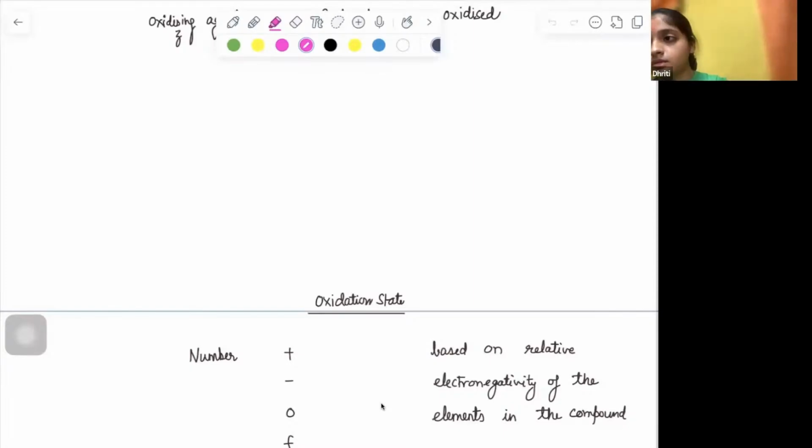I'm not able to see the screen. Yes, sir. Who all can see the screen? Is it visible? Who all are not able to see the screen?